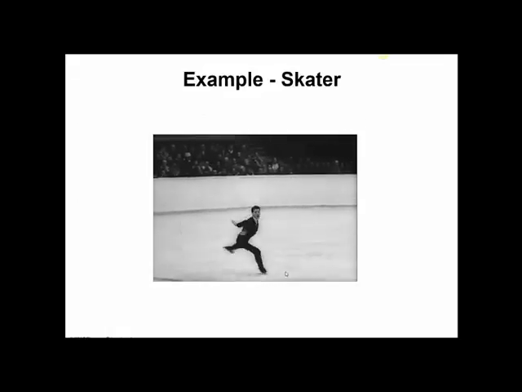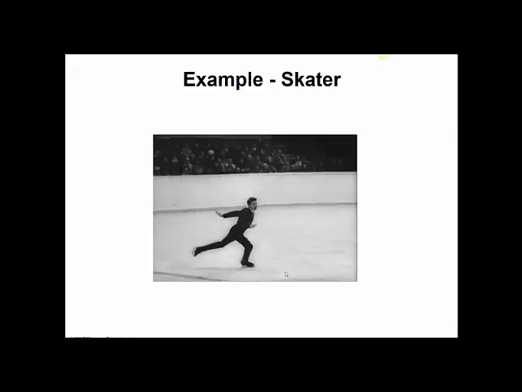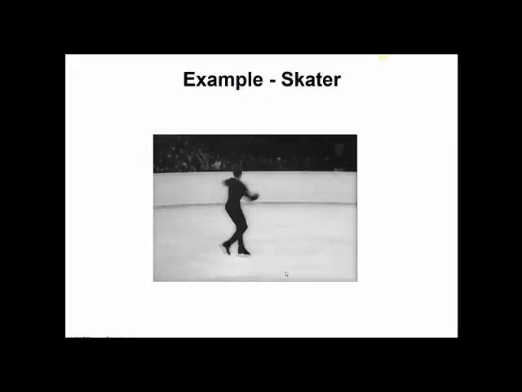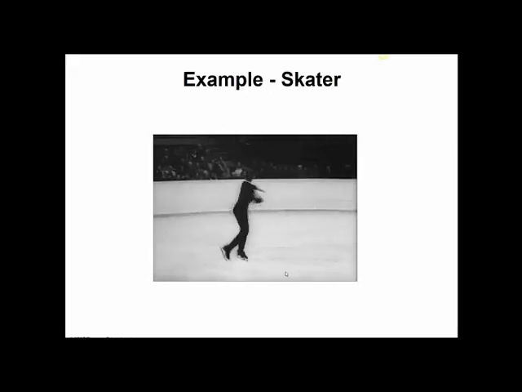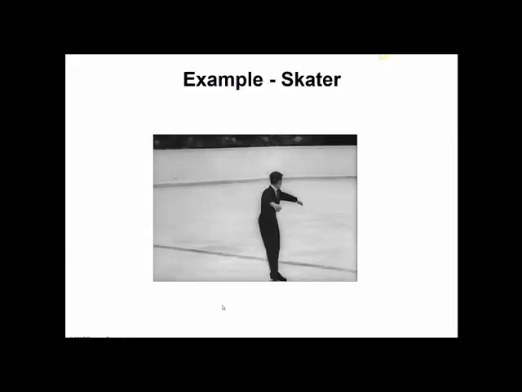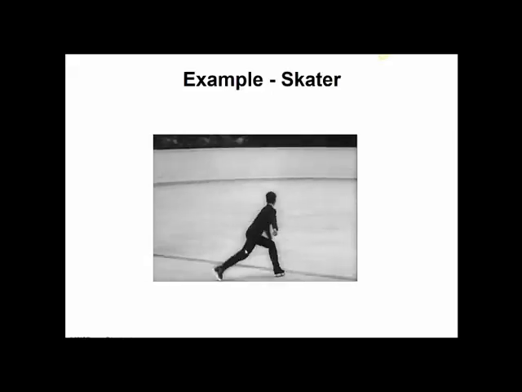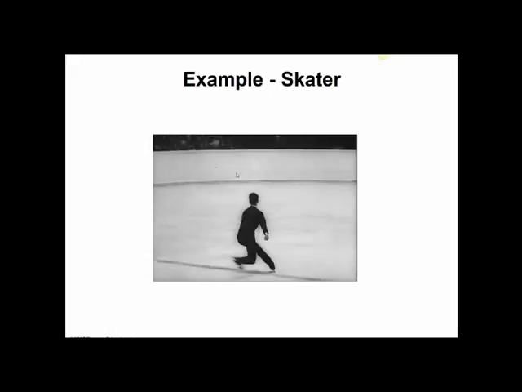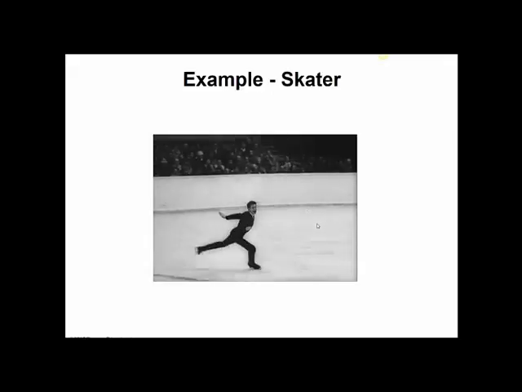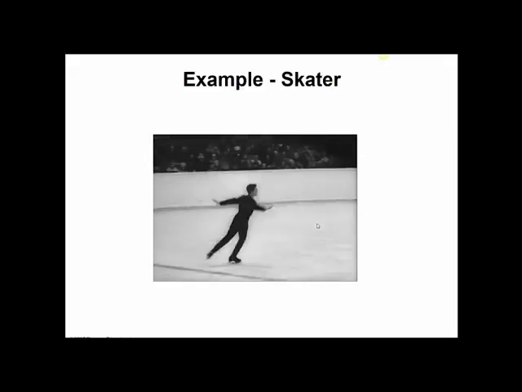So think about this skater here. Notice that when he has his arms out, he doesn't rotate very fast. But when he pulls his arms in, he rotates extremely fast. This is because rotational inertia is affected by the distance to the axis of rotation. So when his arms are outstretched, the mass is equally distributed far away from his center of rotation, and he can travel slowly.